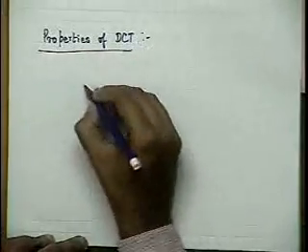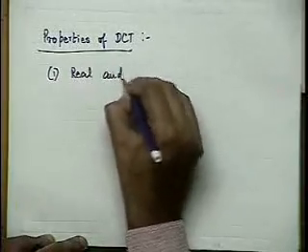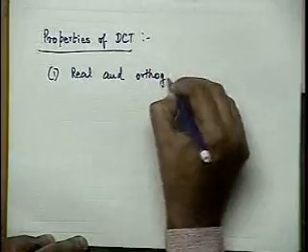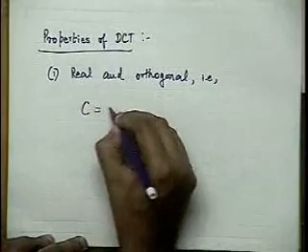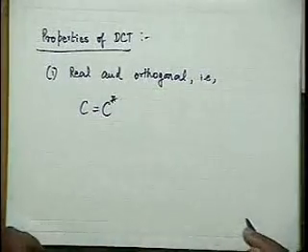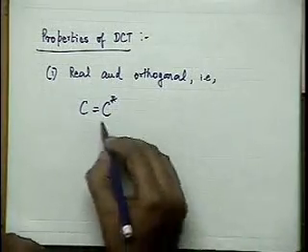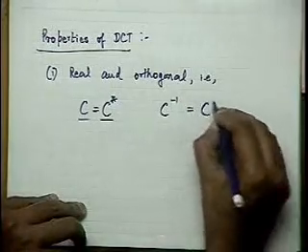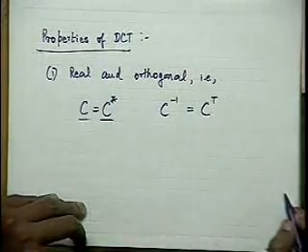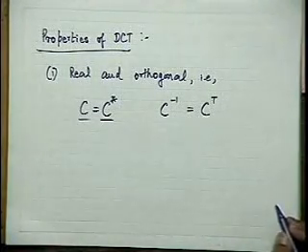First is that it is real and orthogonal, meaning C is equal to C transpose, because all the elements are real. And another property is that C inverse is equal to C transpose, because it follows the orthogonality property.